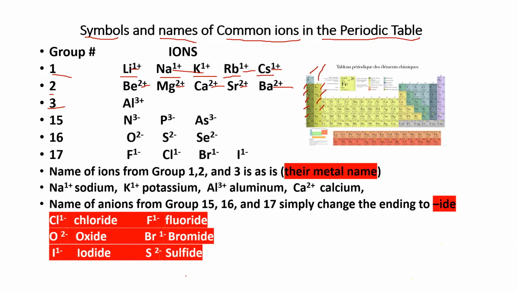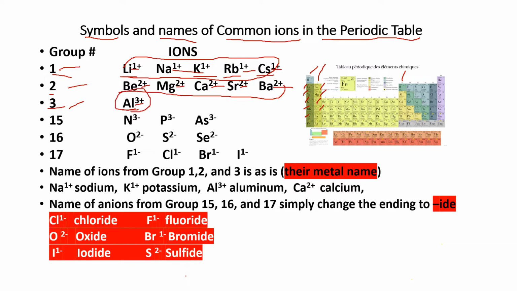Group 3, so here is group 3 in the periodic table. An example is aluminum with 3 positive charges. So take note, the group number 1, 2, and 3 correspondingly is the charges of the ions in their respective group.